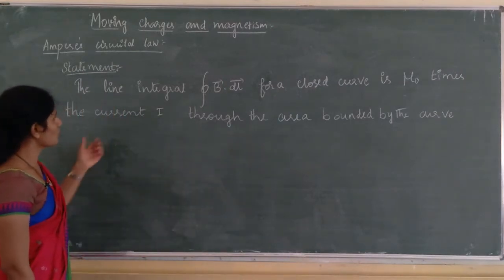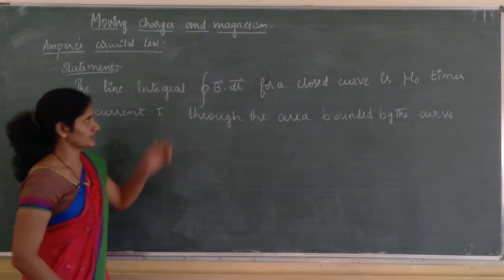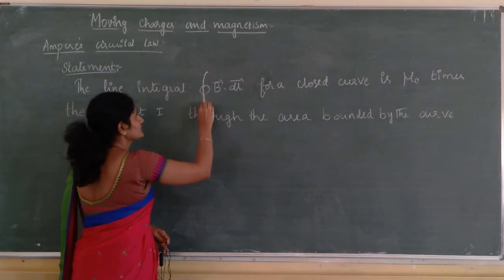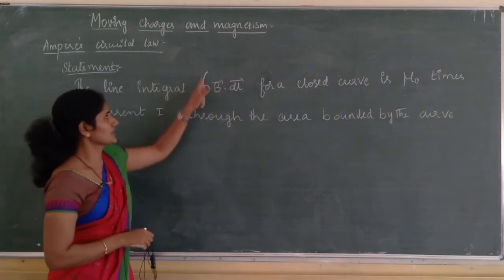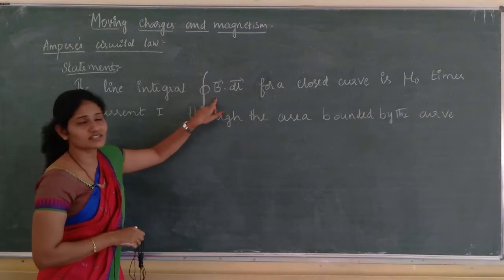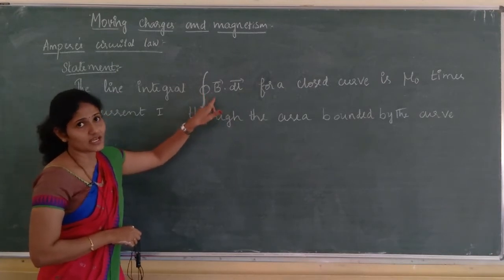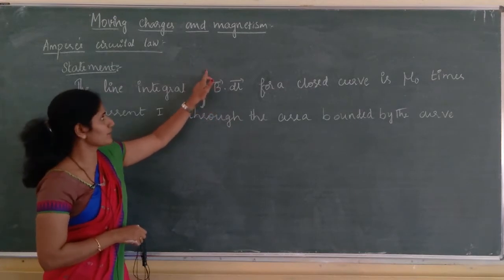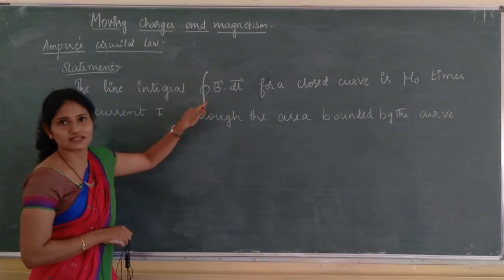So let us see what is the meaning of line integral and the closed line integral. It is like this: integration with a circle means that this is a closed integral. So the closed line integral is represented by this symbol.